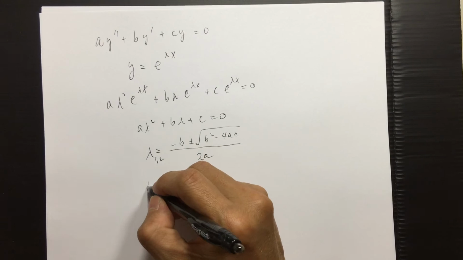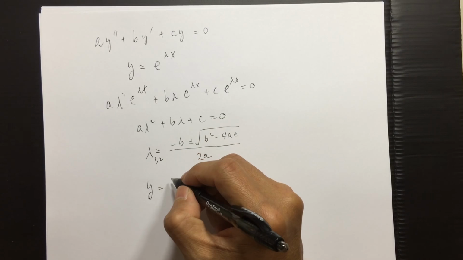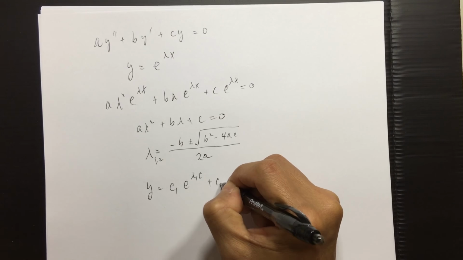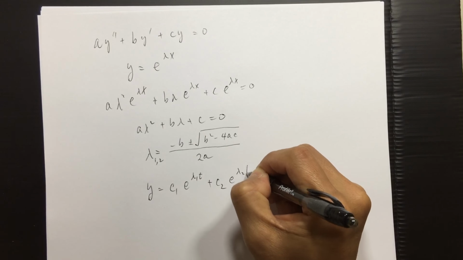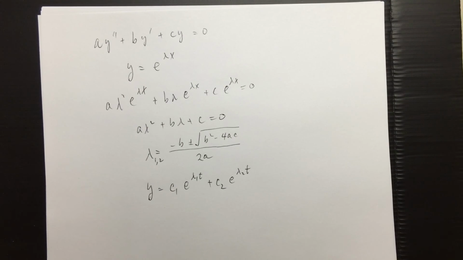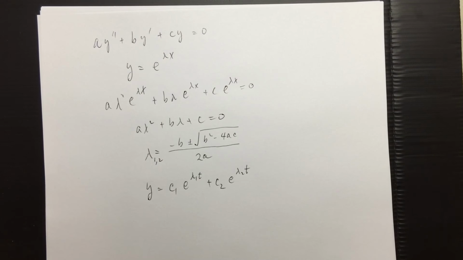So y equals some kind of combination of C1 e to the lambda 1 t plus C2 e to the lambda 2 t. That's if A, B, C are constants, not functions of t.